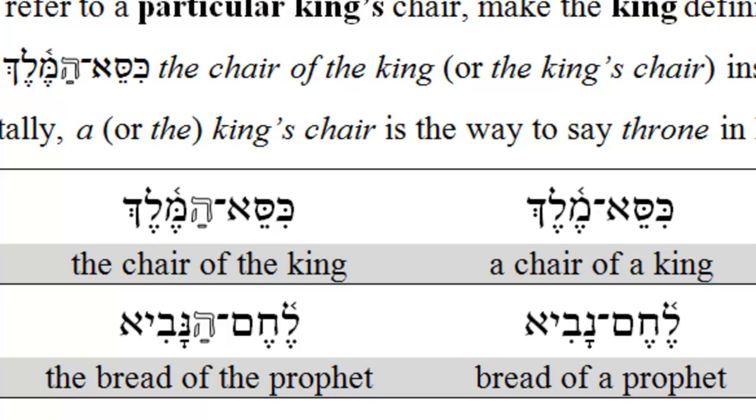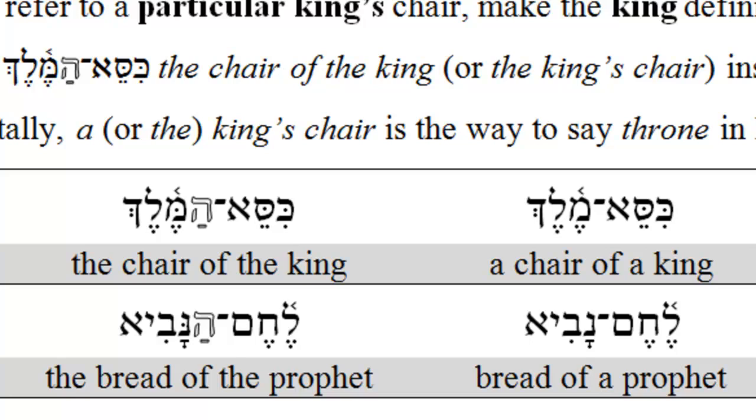The way to do that in Hebrew is to prefix the possessor, that's the last element in this string of words, with the article. So we would say kiseh ha-melech. This means the chair of the king, or the king's chair.